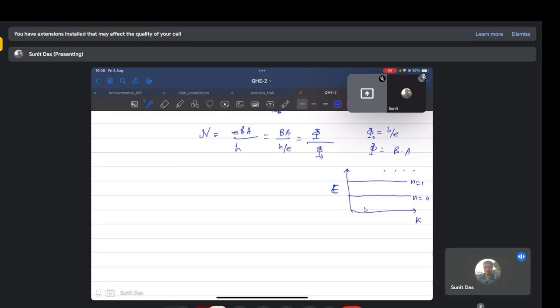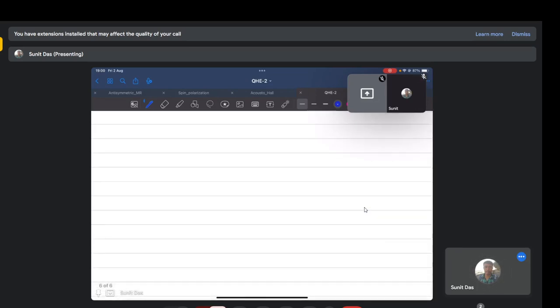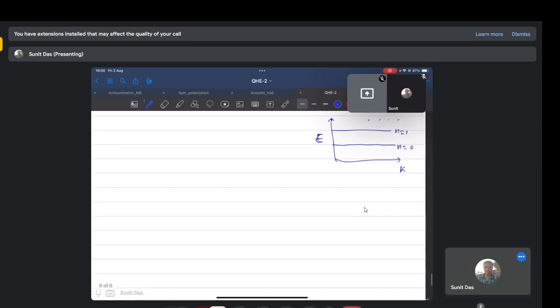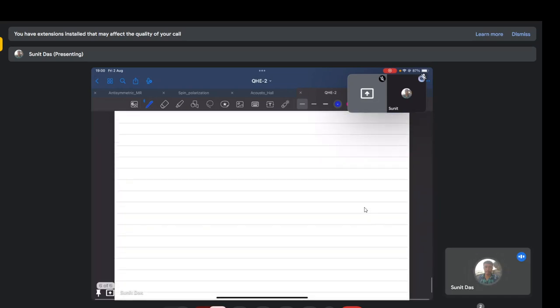Okay, so effect of electric field on the Landau levels.